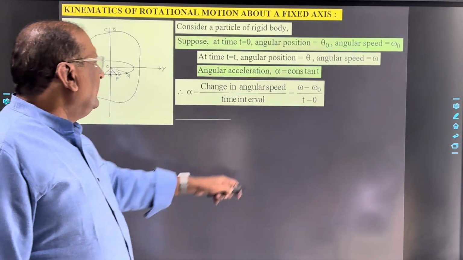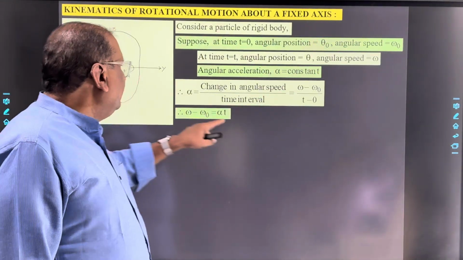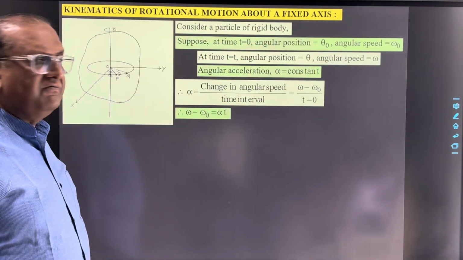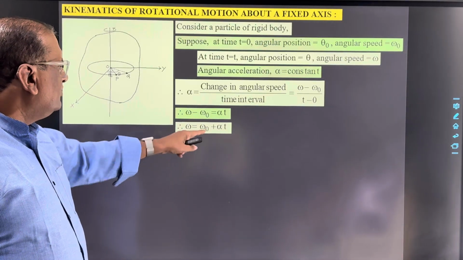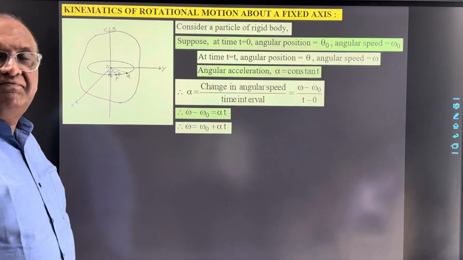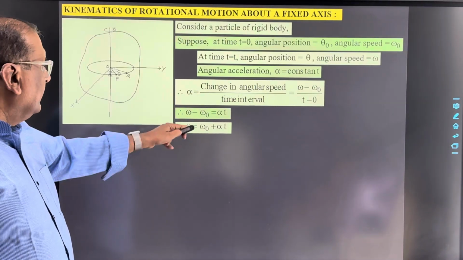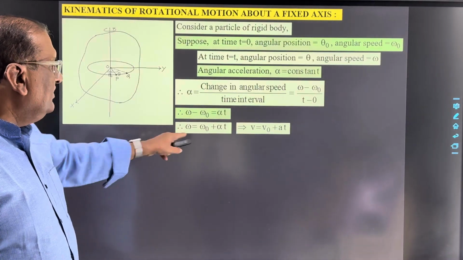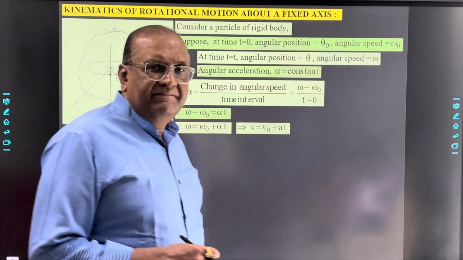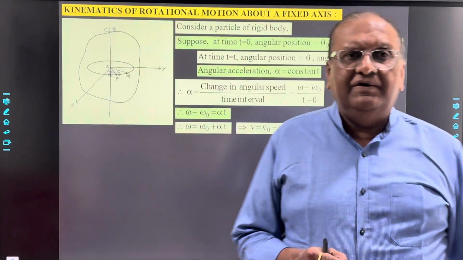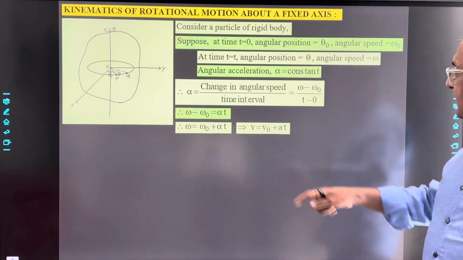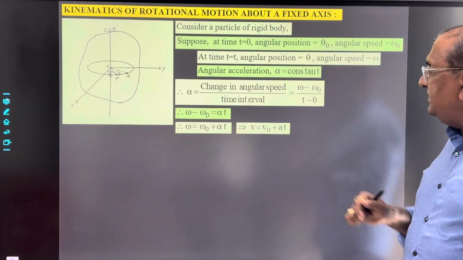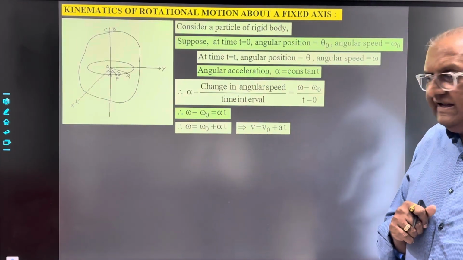So omega minus omega 0 is equal to alpha t, or omega is equal to omega 0 plus alpha t. See here, this equation is exactly like the equation of translational motion with constant linear acceleration, that is v equal to v0 plus at.